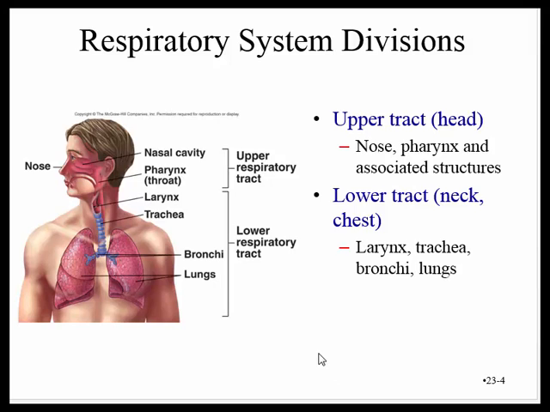Even though we distinguish between these two divisions, they're actually continuous. The cells that line these different structures are continuous, upper and lower.